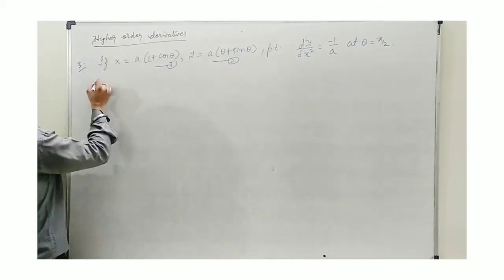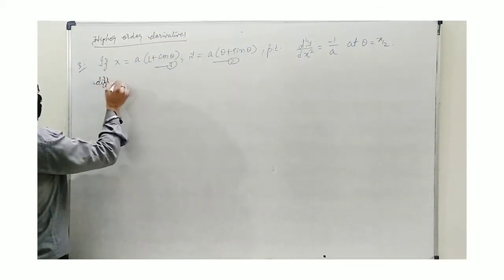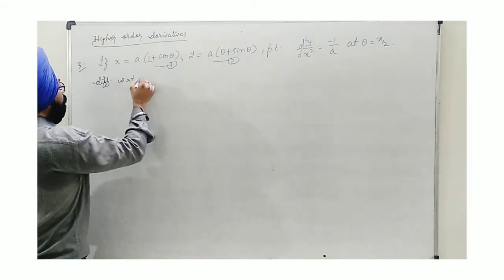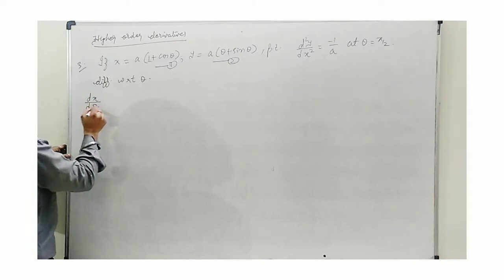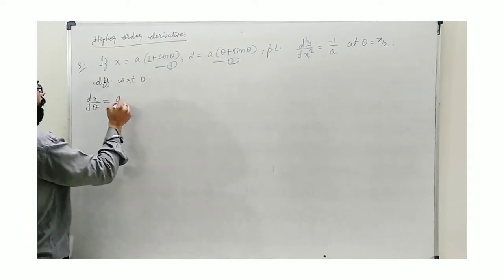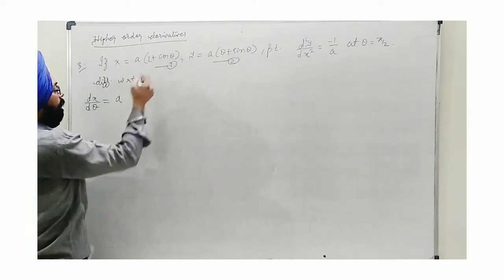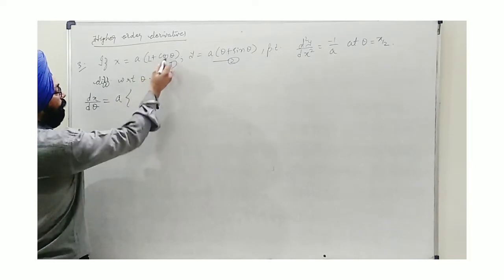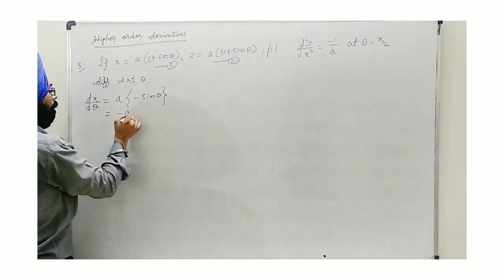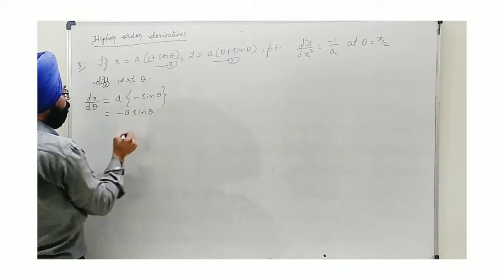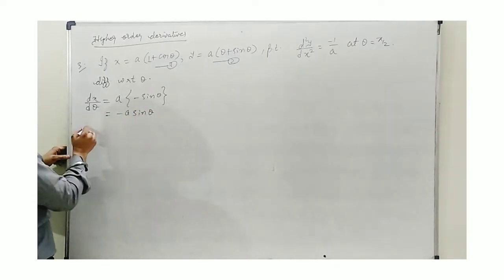As usual, differentiating both of them with respect to theta first. We find dx by d theta as the differentiation of a(1 + cos theta). If I do, 1 turns 0, cos theta gives minus sin theta. Minus a sin theta is the value of dx by d theta.